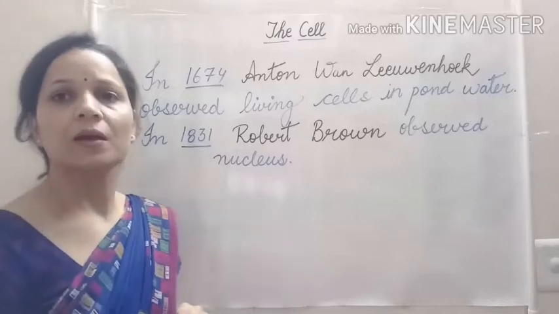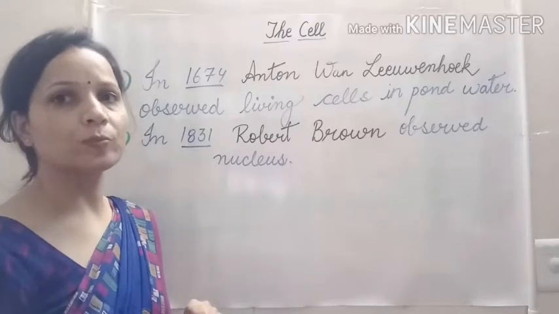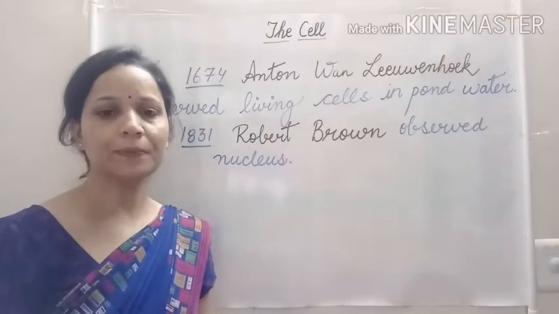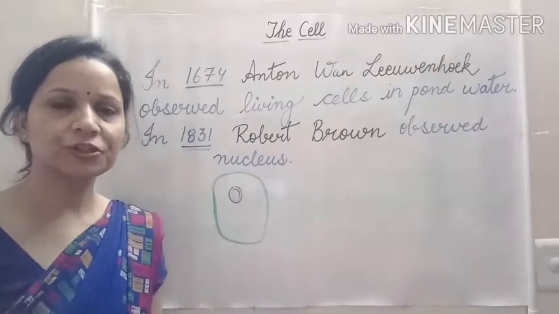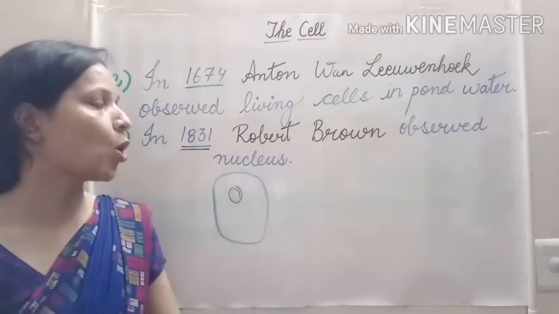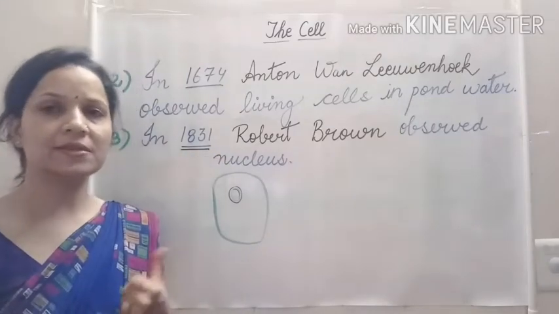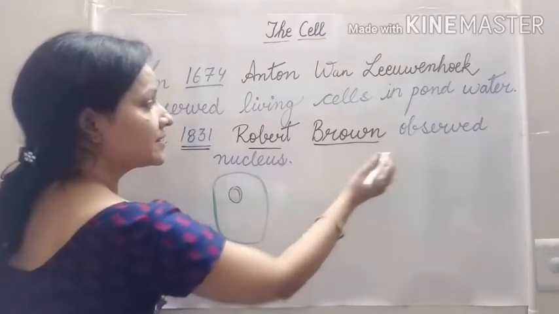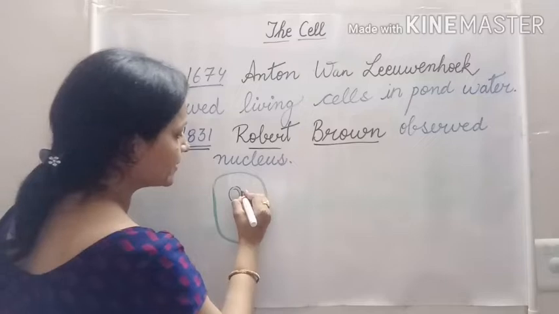He was the first person to observe human cell and bacteria cell. After that, in 1831, Robert Brown observed nucleus in the cell. Robert Brown discovered nucleus in the cell.